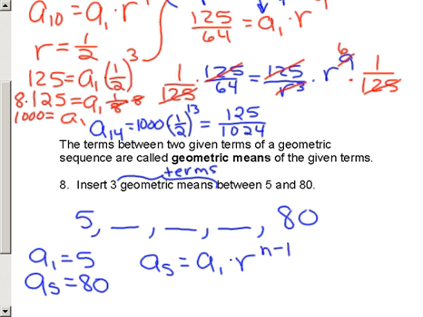And so what is 5 minus 1? Is everybody with me there? So we're going to have 80 is 5 times R to the 4th.